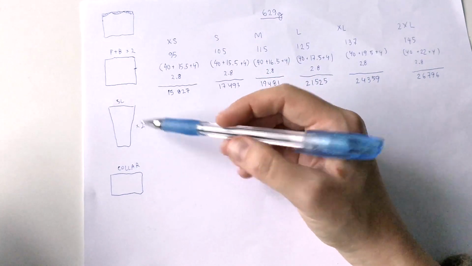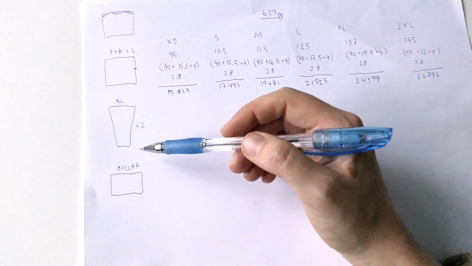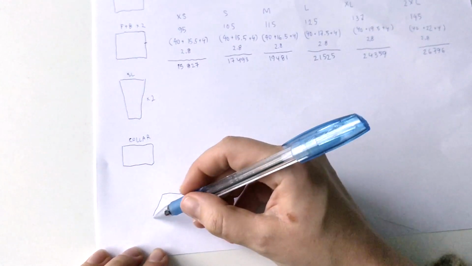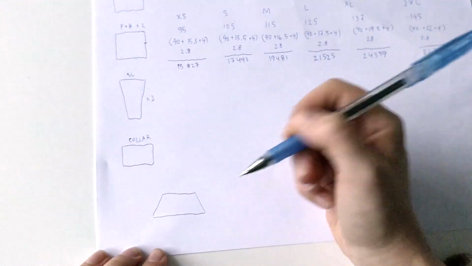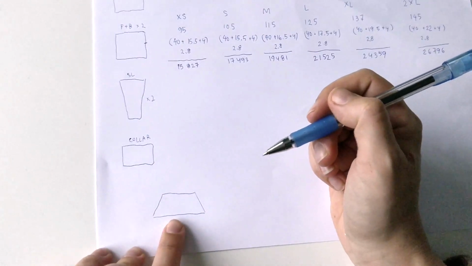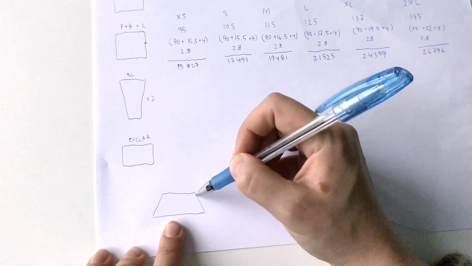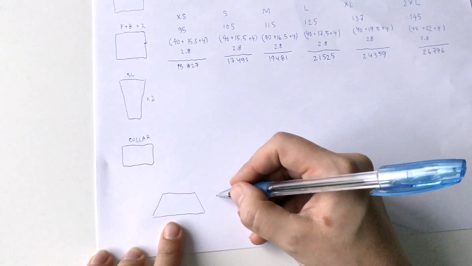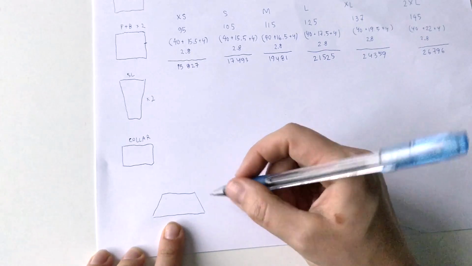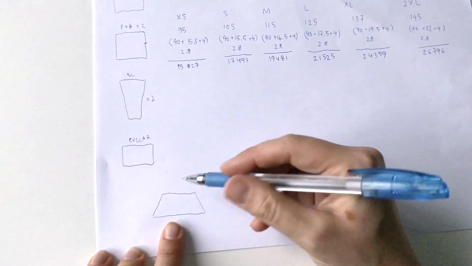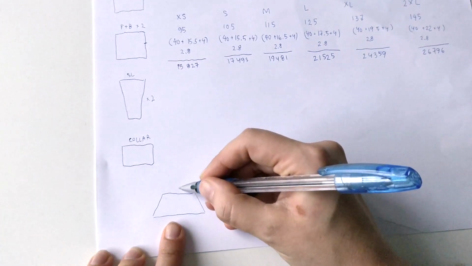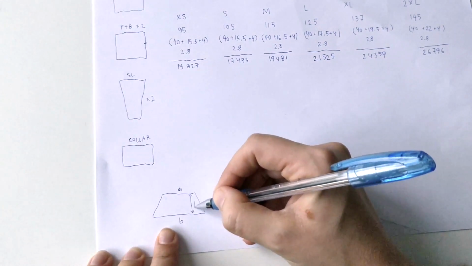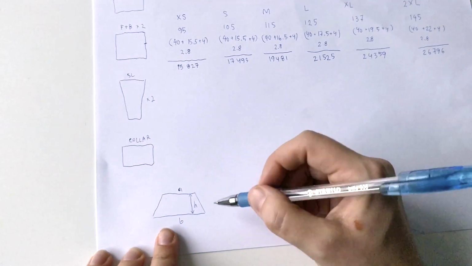For the sleeves, if you remember from high school geometry, if you have, I'm not sure what this is called in English, a rectangle that has one side shorter than the other one, the way you calculate the area of this is A and this is B, and this is the height of the whole thing.